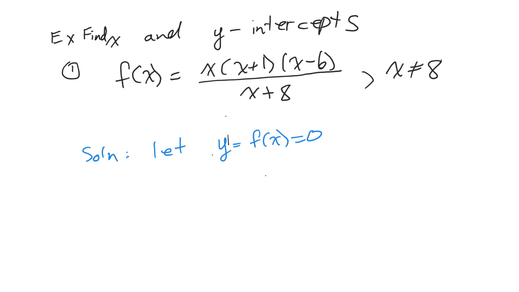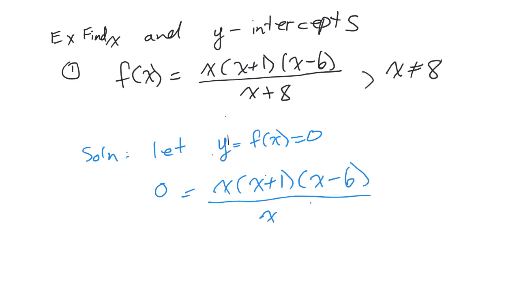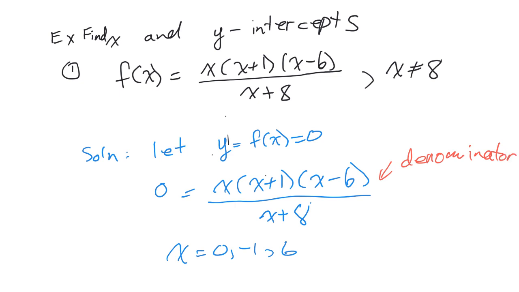So that means 0 is equal to x times x plus 1 times x minus 6 all over x plus 8. Well, I'll tell you right off the bat, the zeros are x is equal to 0, -1, and 6. And that's because the zeros come from the numerator, just like before.